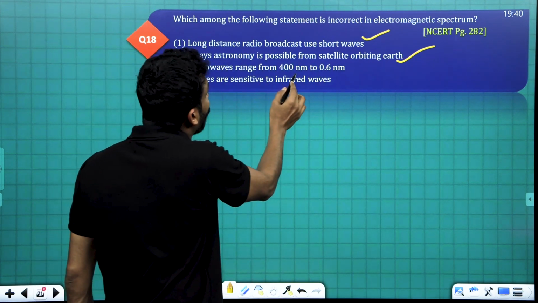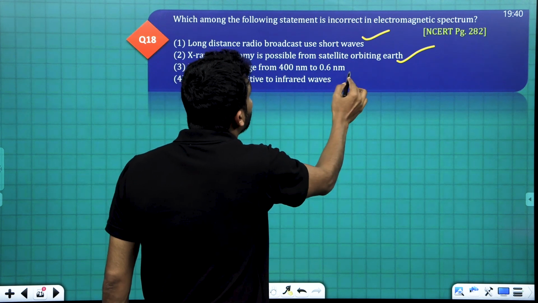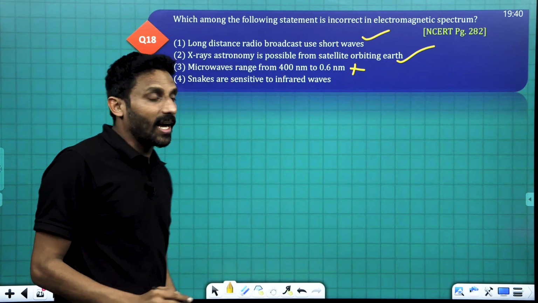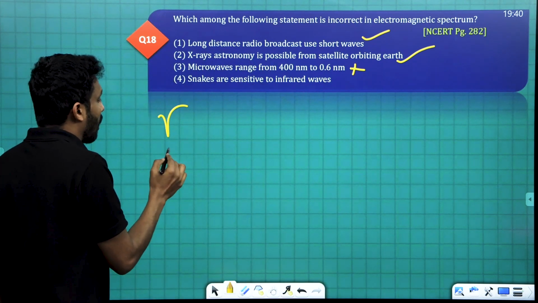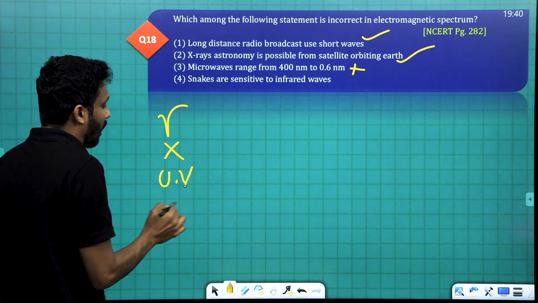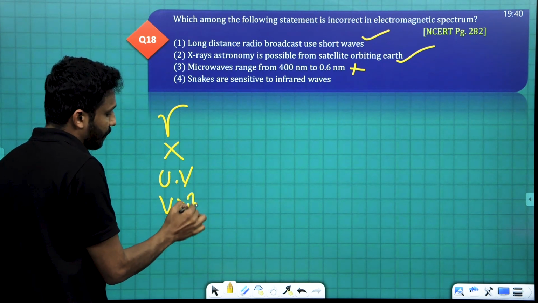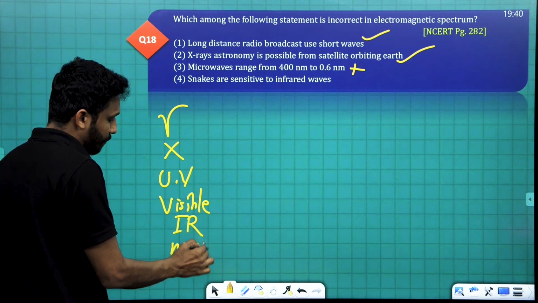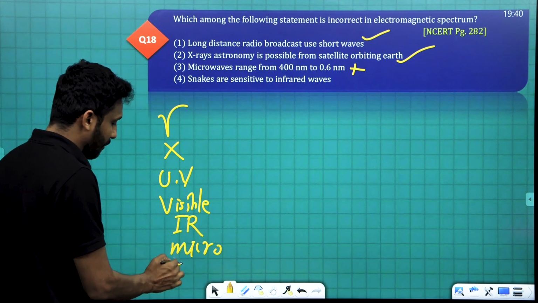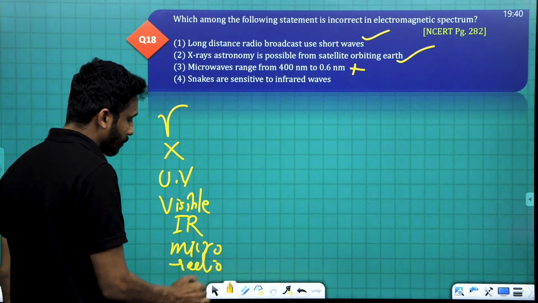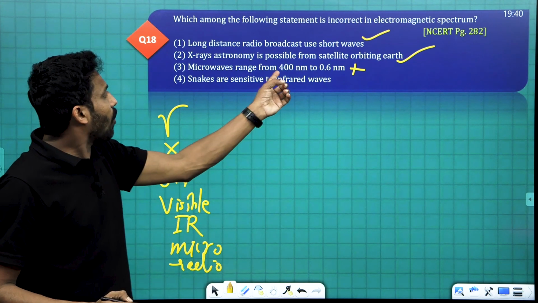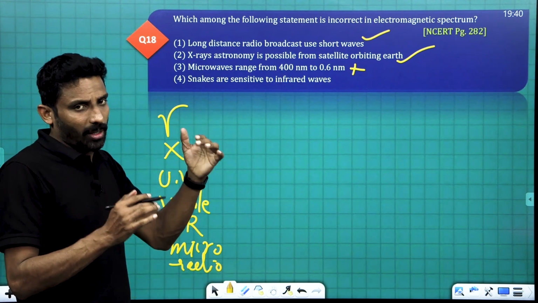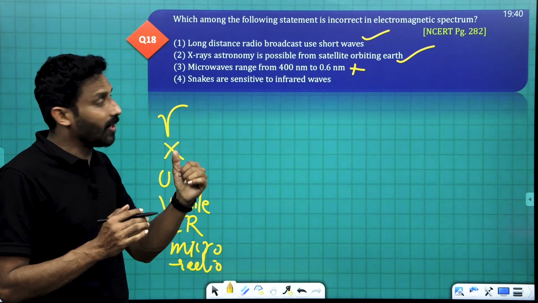Microwaves range from 400 nm to 0.6 nm. This is incorrect. See, actually this is gamma, then X, then ultraviolet, then visible, then infrared, microwaves, radio waves. 400 nm is visible wavelength.